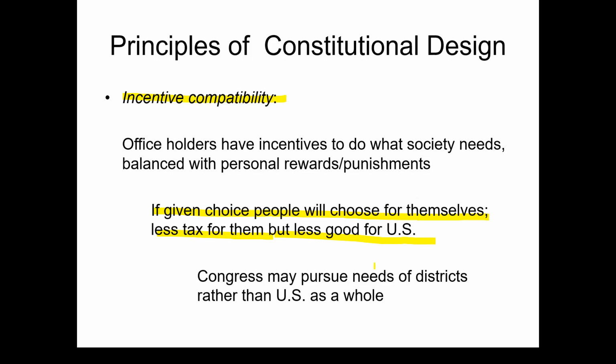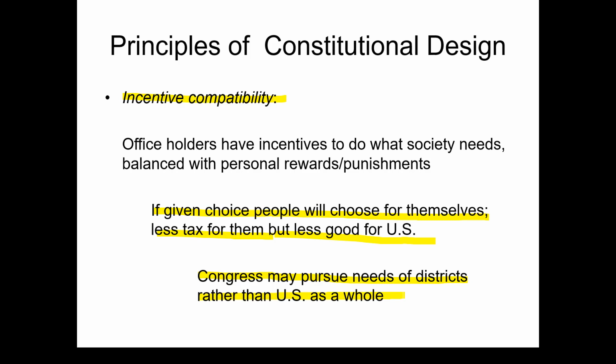So Congress, however, this is what is very hard to accomplish. This is why I said right up front, it's kind of a vague concept that, in principle, we want politicians to have incentive to pass policy that is good for the entire country because of the way this thing is designed. But they're also human beings, and some congressmen may just pursue their own needs and feather their own nest, or may actually pursue the needs of their district rather than the United States as a whole.